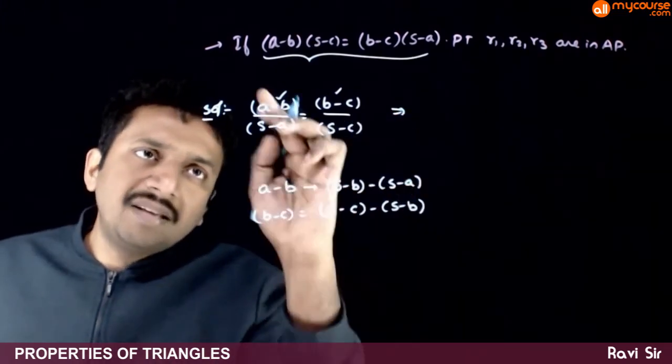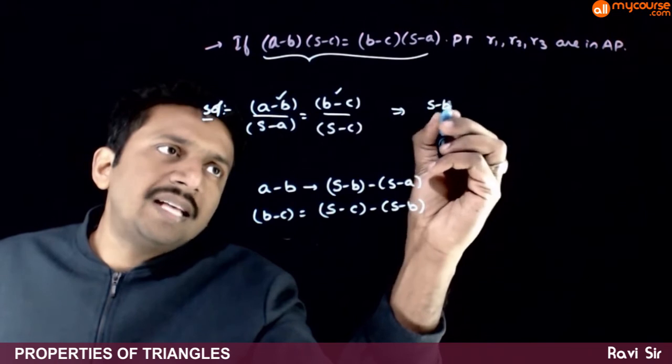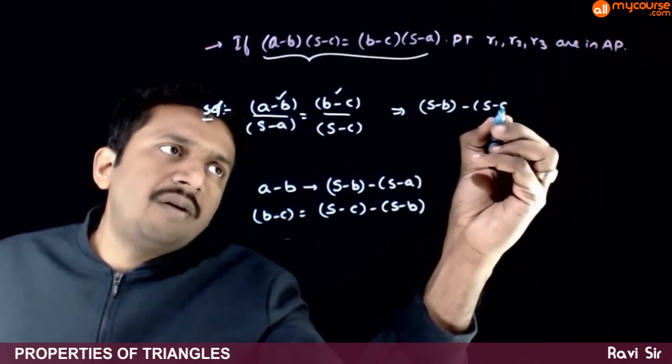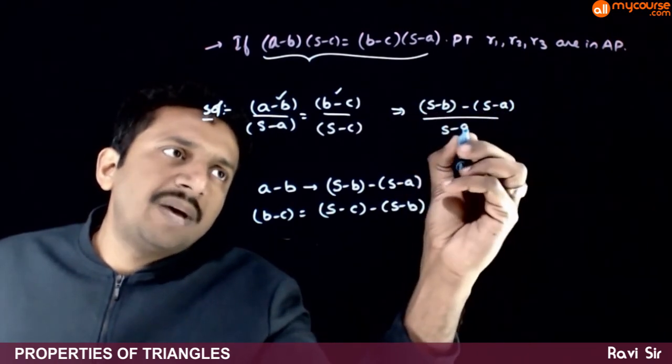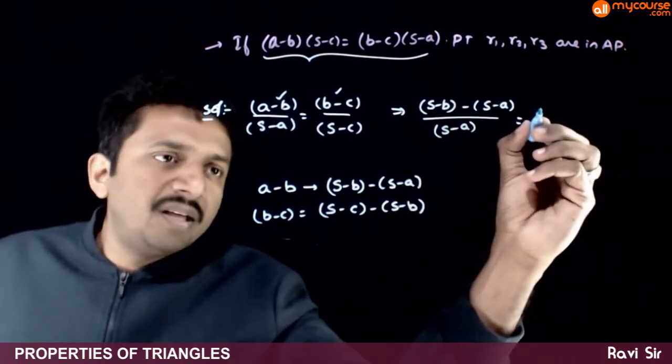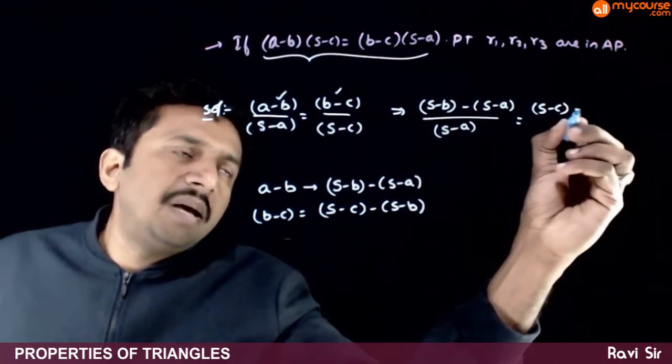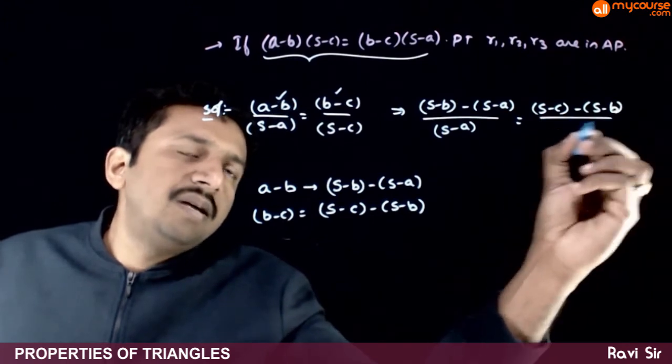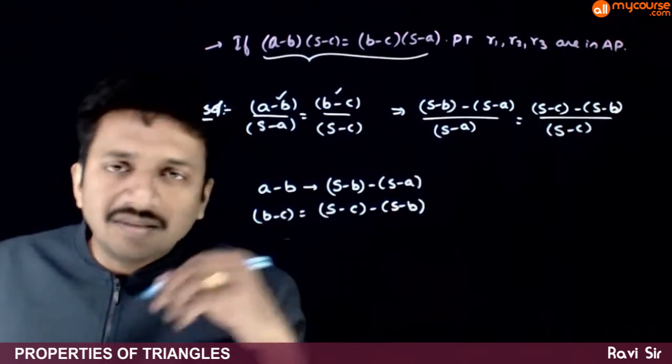So this implies A minus B, written as S minus B minus of S minus A, by S minus A is equal to S minus C minus of S minus B divided by S minus C.